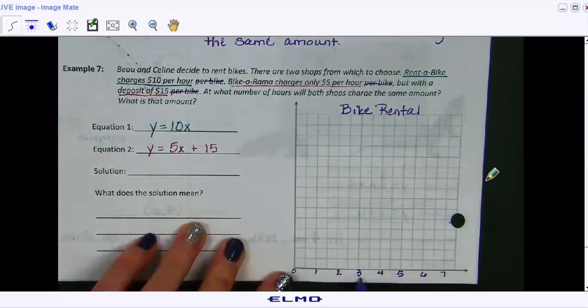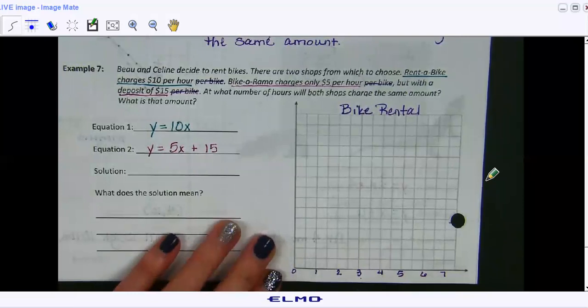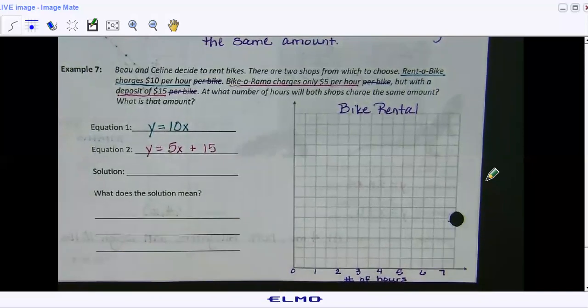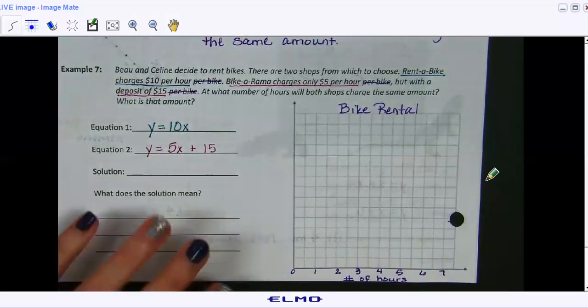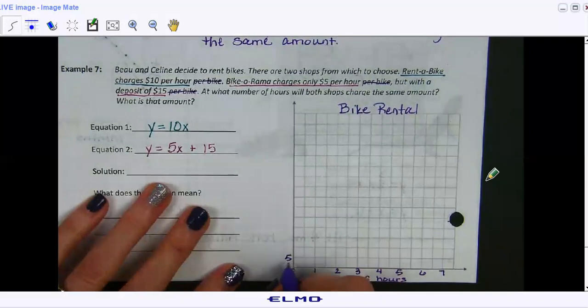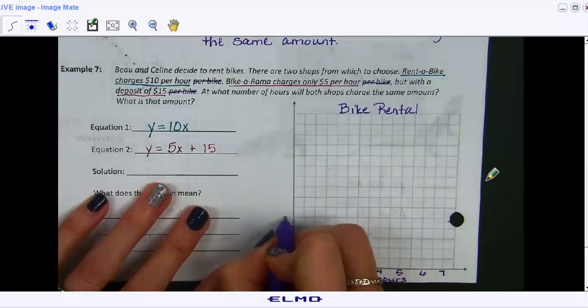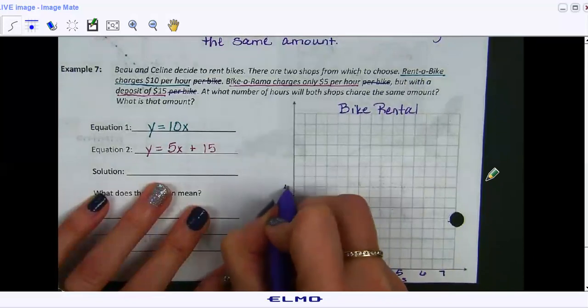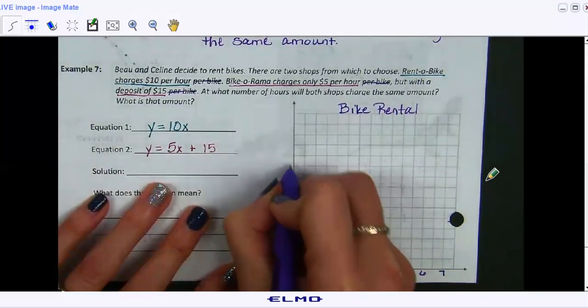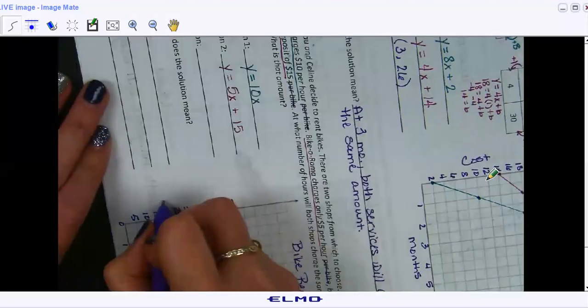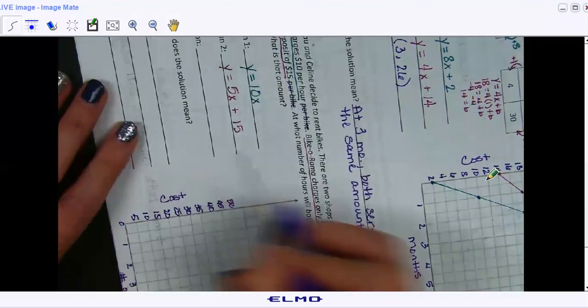And then we have to title our x-axis. What does the x represent? Number of hours. Okay, the y-axis, we're going to go up by 5s. What is the y? Yep, total cost.